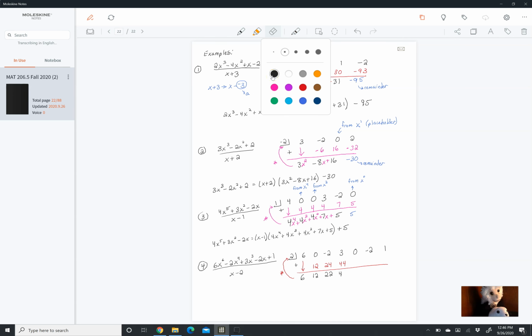Notice we're just repeating the same thing over and over again. We multiply, we add. We multiply, we add. We're multiplying. 47 times 2 is 94.